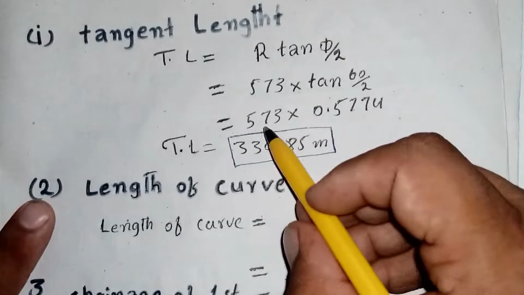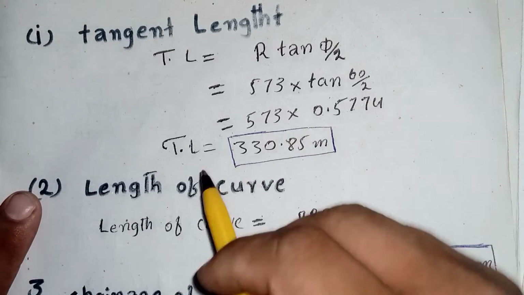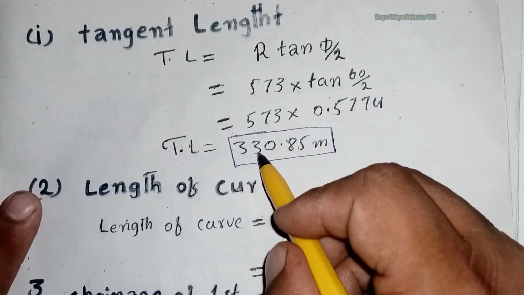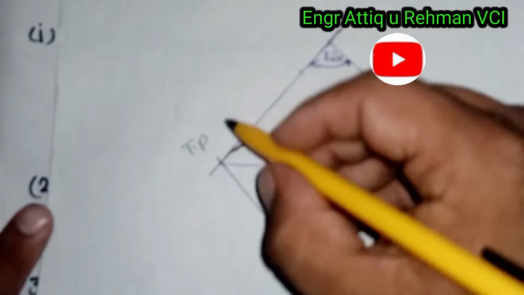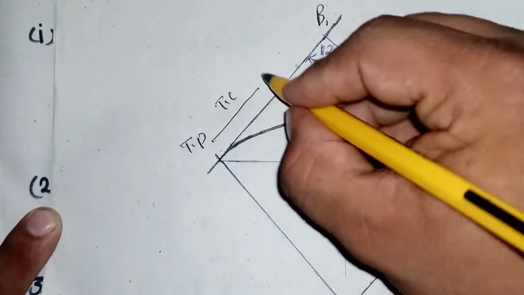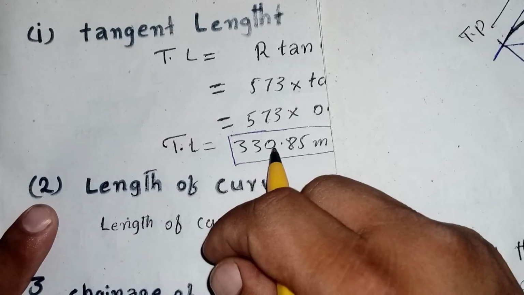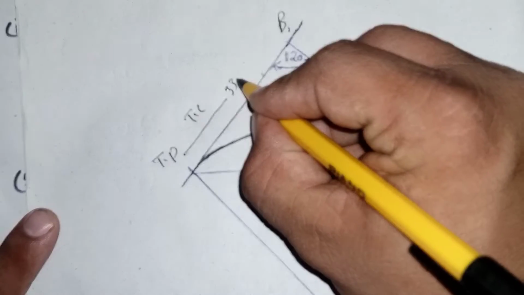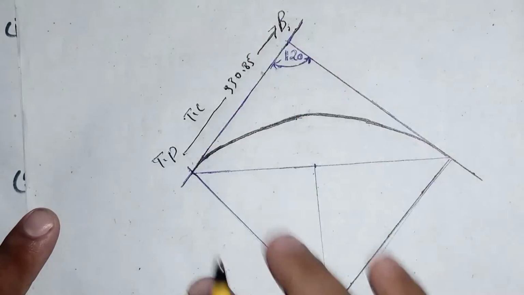By calculation, 573 multiplied by 0.5774 gives a tangent length of 330.85 meters. So we can write here that this is equal to 330.85 meters, which is called tangent length.